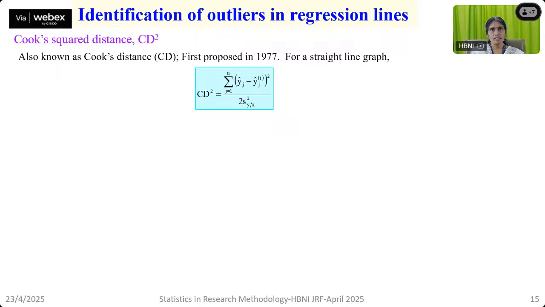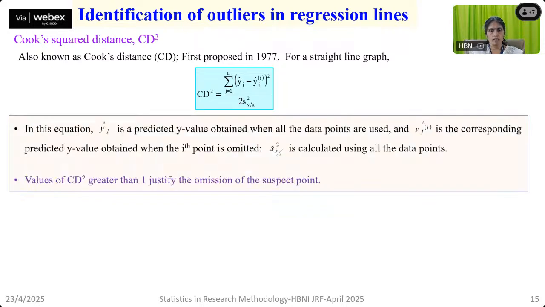If you want to reject one of the regression data points, you have to conduct an experiment to find out which one is the outlier. This is done by the Cook's squared distance evaluation. The function is mathematically expressed over here, where yj cap is the fitted value and yji is that particular value which we suspect as the outlier.